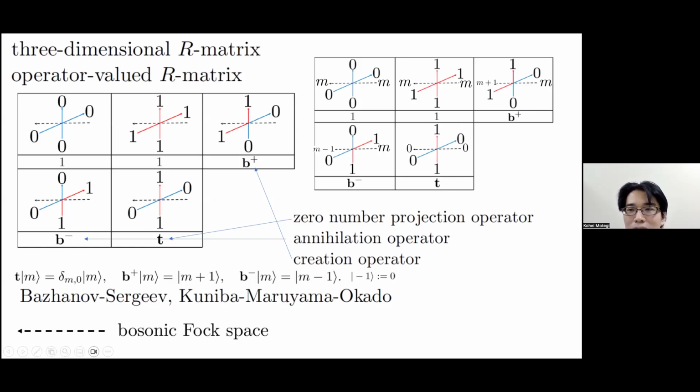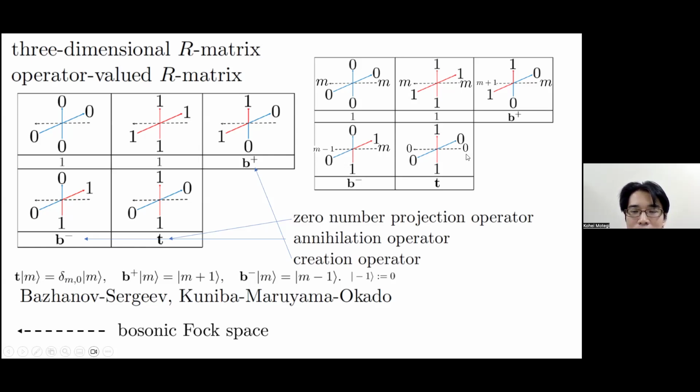Oh wow, I said color m, but you should think there are m particles, and you create a particle, so you now have m plus one particles. So in this left part you have color m plus one. It's also similar with this fourth configuration. And the last configuration is the zero number projection operator.